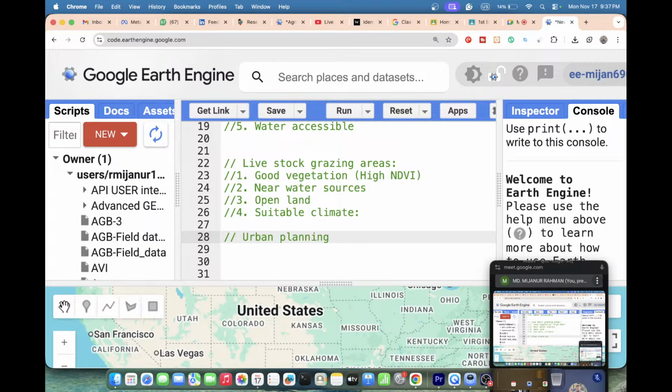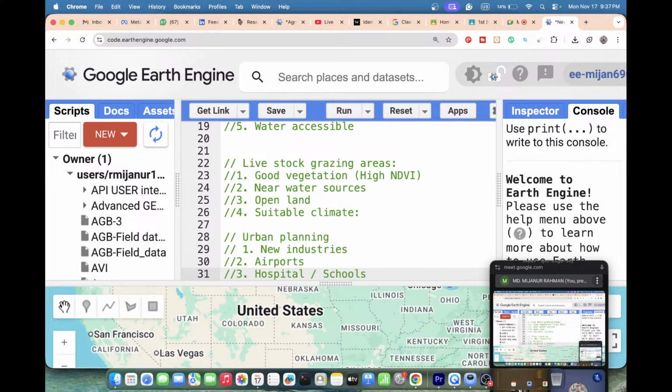Suppose you want to put in a new industry area. You want to identify which place is better for new industries in the urban area. Then suppose airports, which place is more suitable for an airport setup. We can do the same for hospitals or schools.